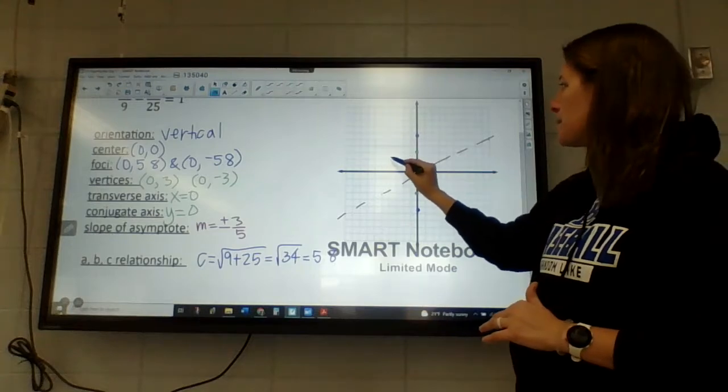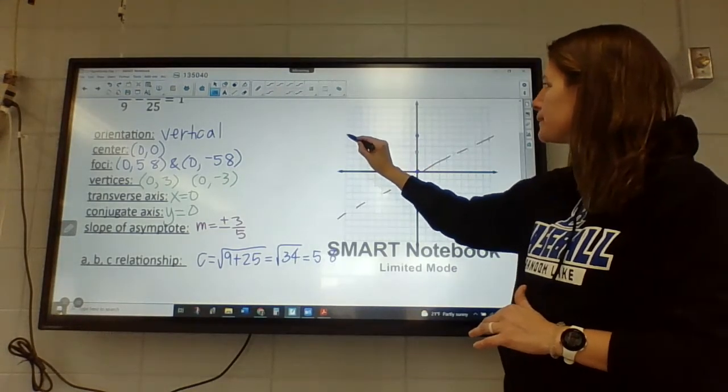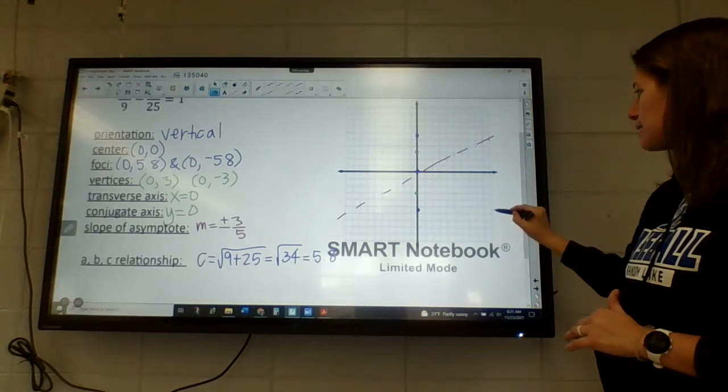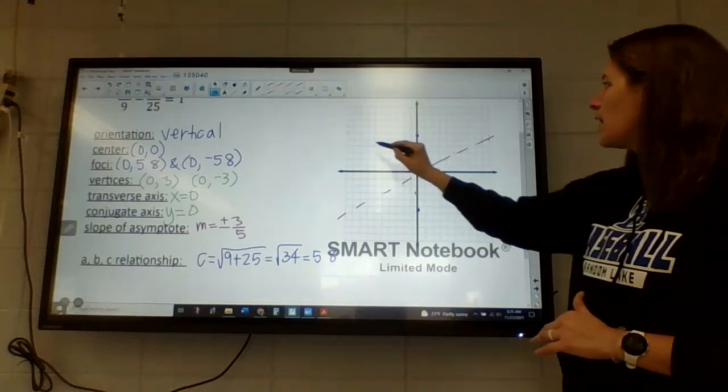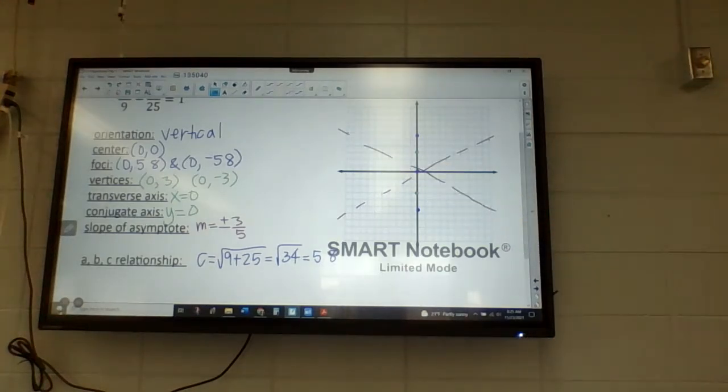So these would just be guidelines for us. And I don't think it makes a big enough deal to change how we graph this. So I don't think they're that big of a deal, and I'm okay with you leaving them out. I wanted to show you where they came from.